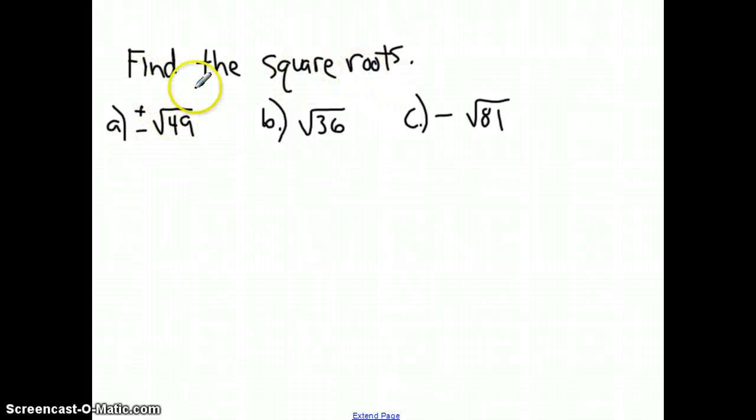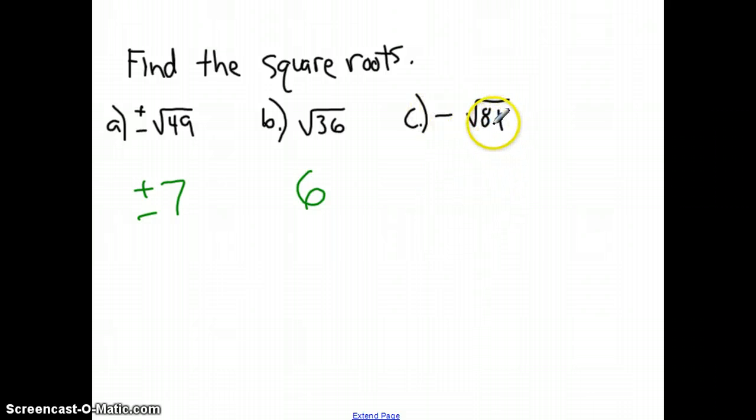Alright, so we want to find these square roots here. Looking at this one here, 49, we want to know what times itself is 49. Well, 7 times 7 is 49, and it says plus or minus here, so the final answer is going to be plus or minus 7. Now this one here doesn't have any symbol, so we look at this as a positive answer. Square root of 36, well, 6 times 6 is 36.